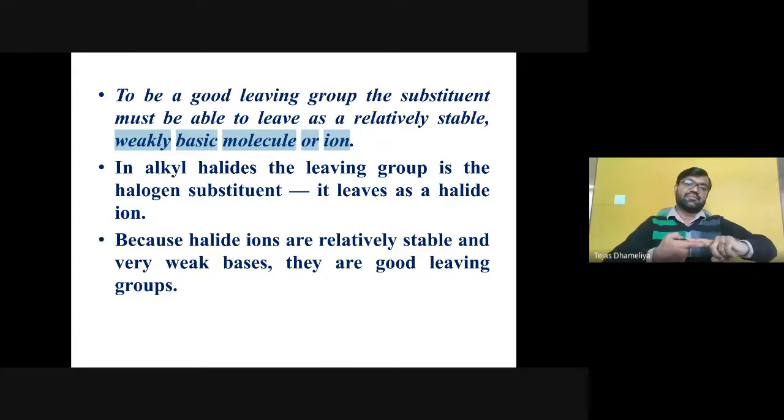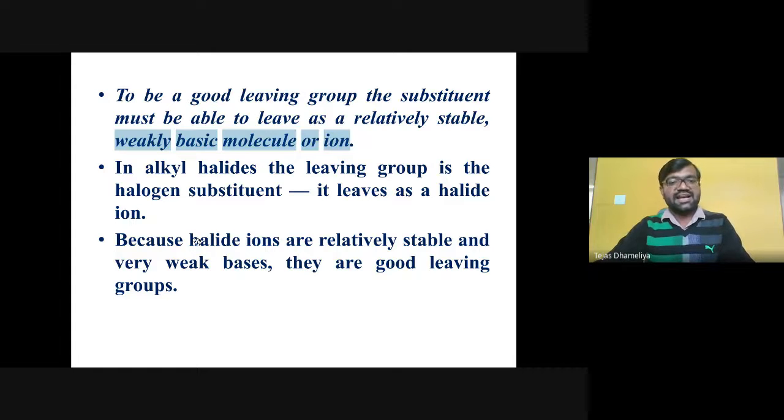I mean to say, one of the atoms will snatch both the electrons, will get negative charge and will behave as a leaving group. So a weakly basic molecule should be able to do this.